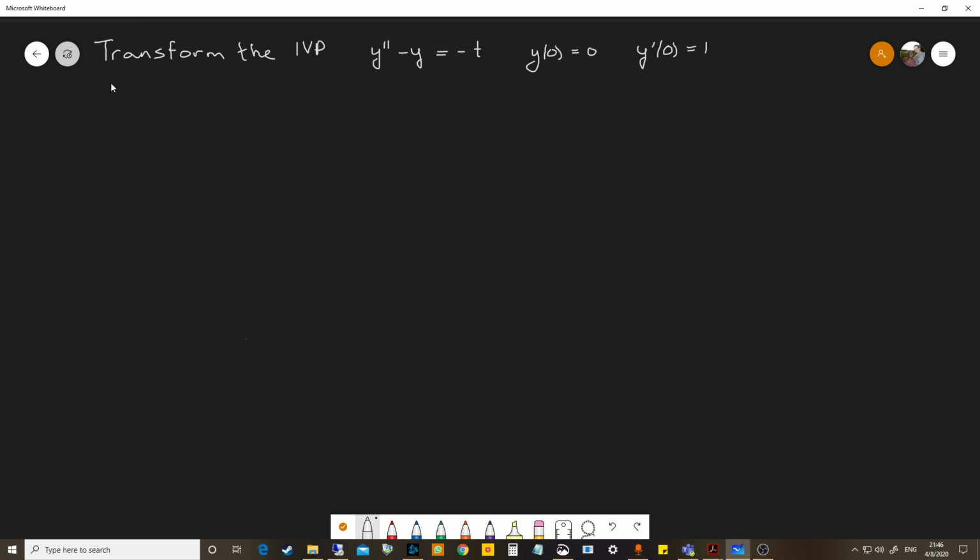And we want to transform this into an algebraic equation in the Laplace domain.